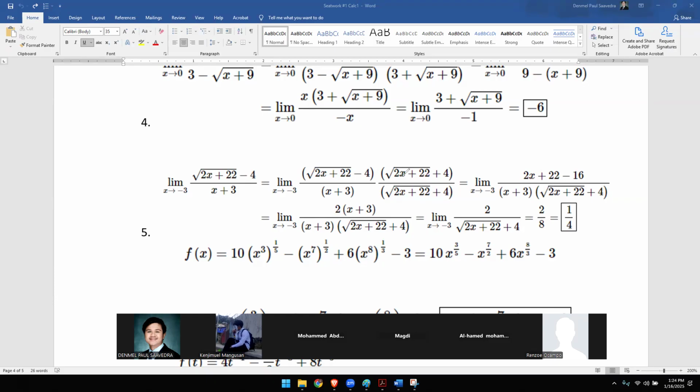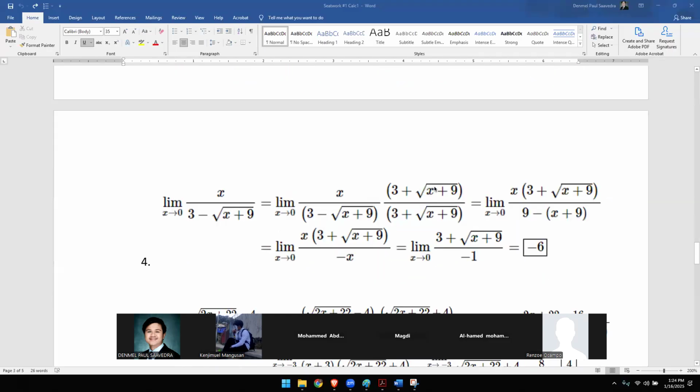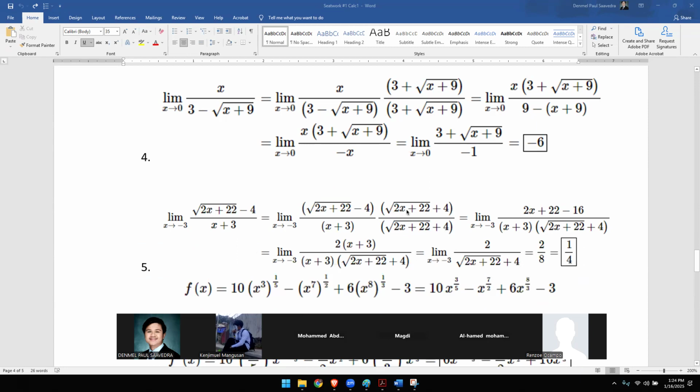Just multiply, like what we did a while ago, and then you will get 2x plus 22 minus 16. I will not show the process anymore. It's similar to number 4, multiplying this to each other, and then you will get this as the simplified version.